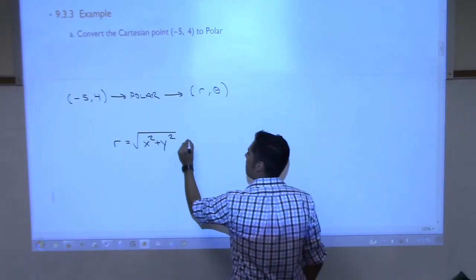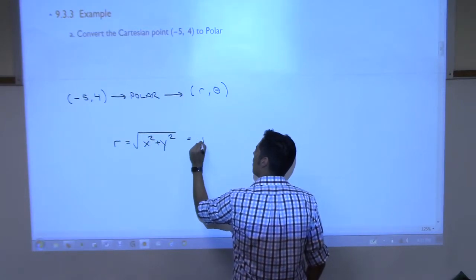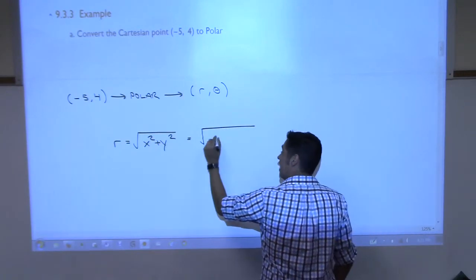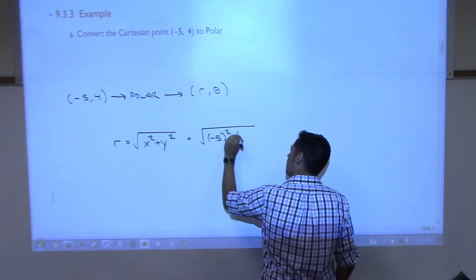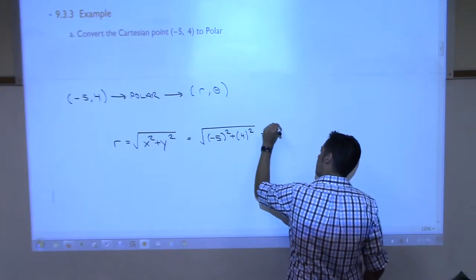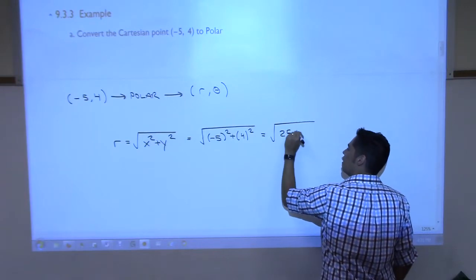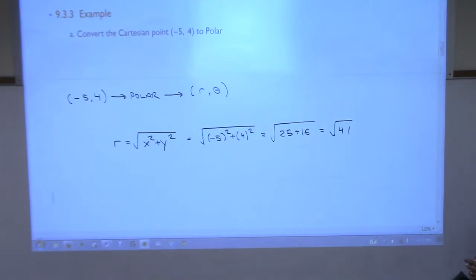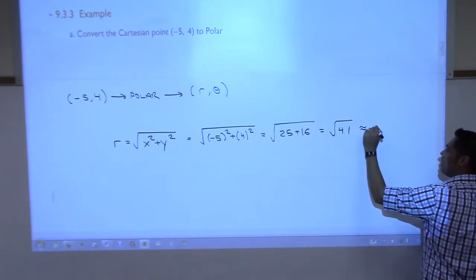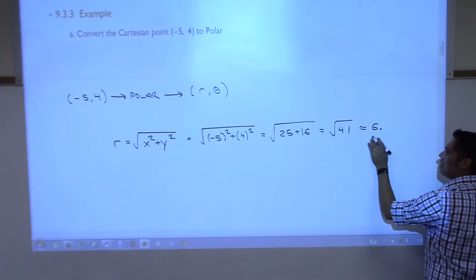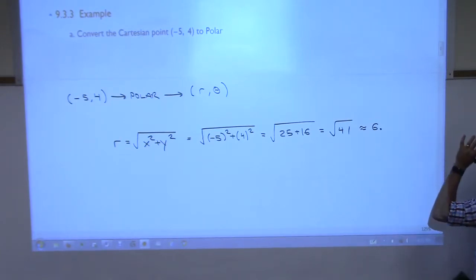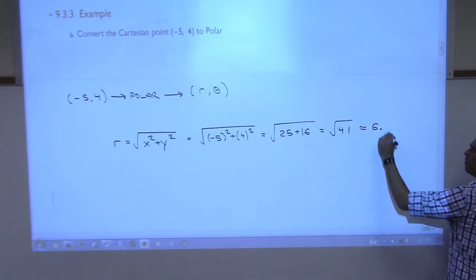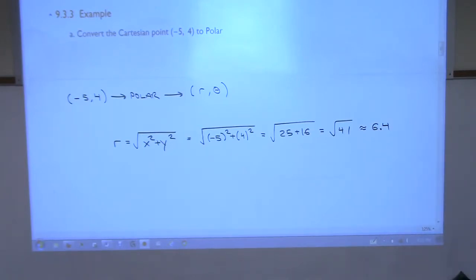And then for us that would be the square root of -5 squared plus 4 squared, which is root of 25 plus 16, root 41, which is approximately as a decimal like 6 point, anyone get that yet? 6.4 something? Okay. Good enough. About 6.4.